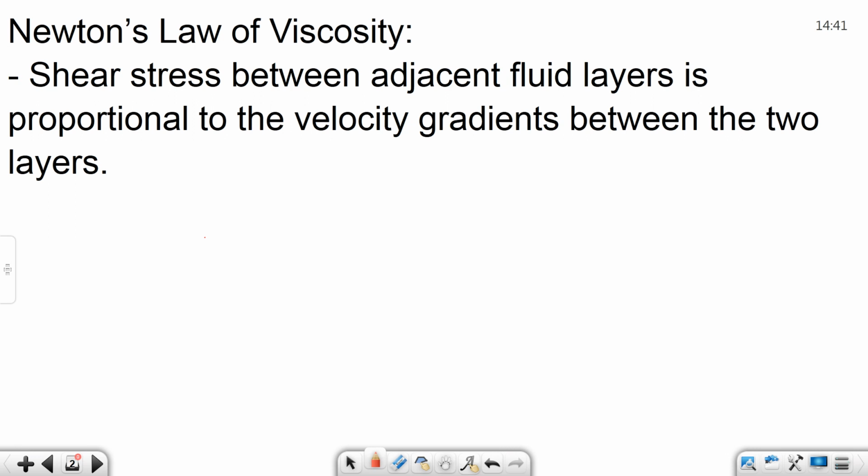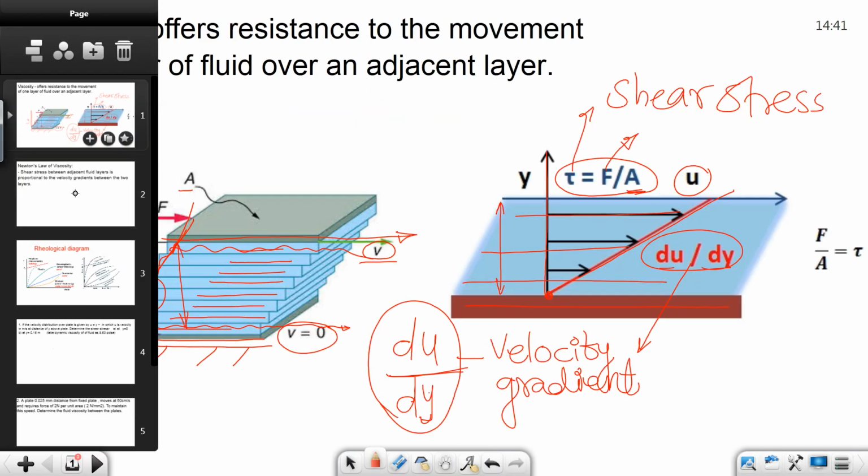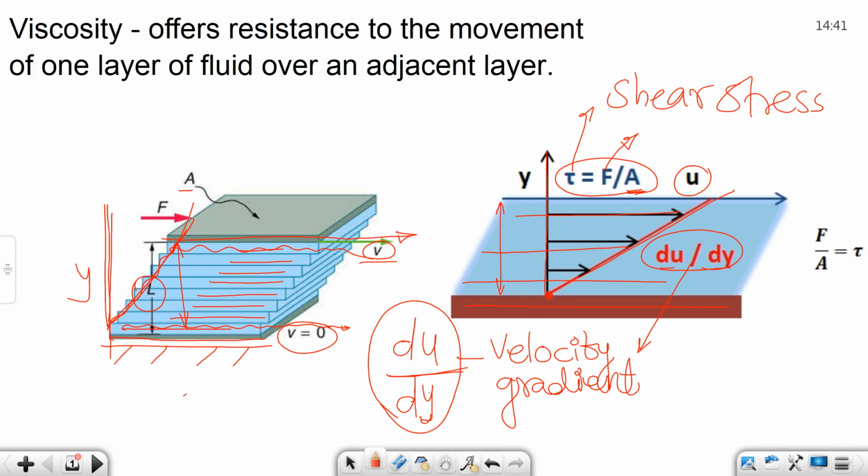Newton's law simply states that the shear stress between adjacent fluid layers, that means tau, is directly proportional to the velocity gradient between the two layers. That simply means, I can explain with the same diagram here. Shear stress tau means force upon area.